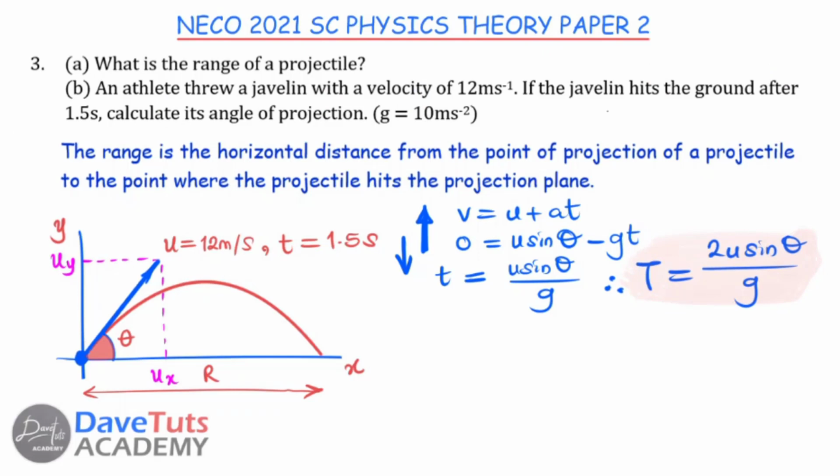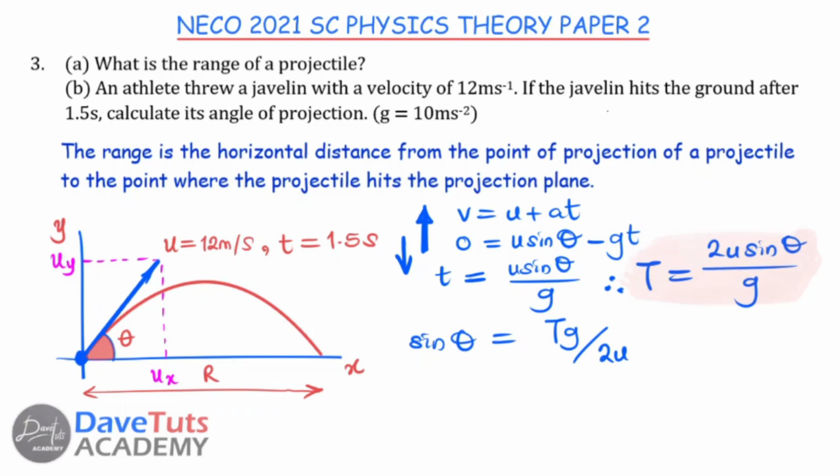We have already been given the time. Now we are looking at 2u sin θ over g, and what we are looking for is actually theta. So we can make sin θ the subject of the formula. That means sin θ is nothing but the total time of flight multiplied by g over 2 multiplied by u.